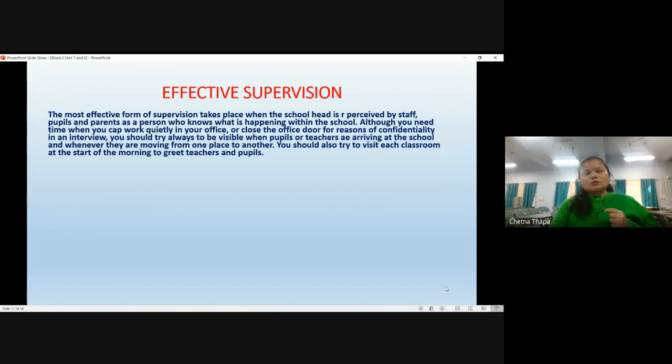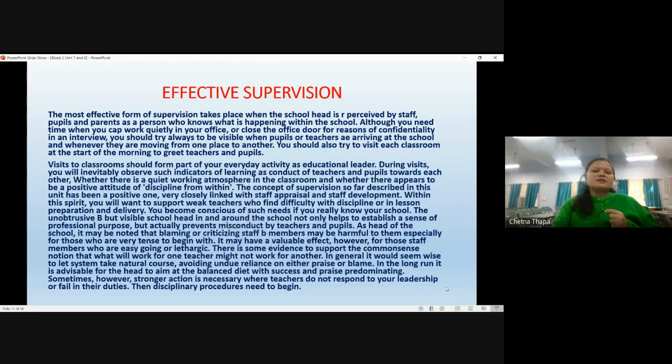So you should be alert every time, and you should be visible to all your pupils. You should be visible to all your teachers also. They should be aware that they are being supervised frequently by you. And when you pay visits to classrooms, that should be your everyday activity.